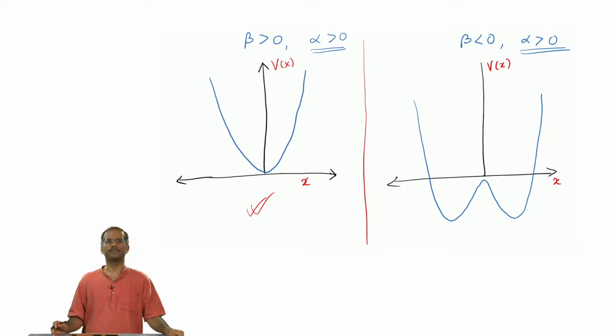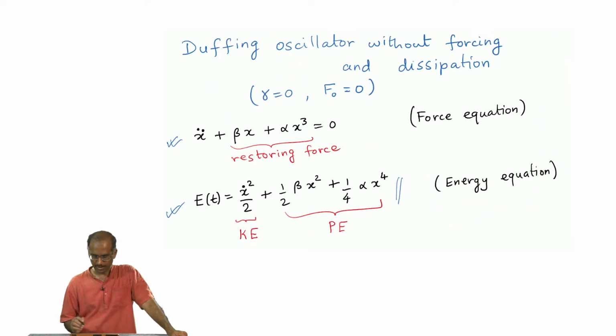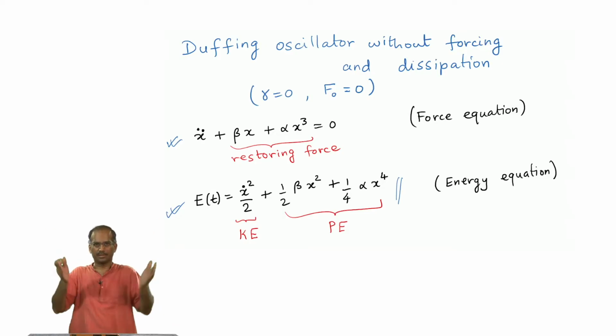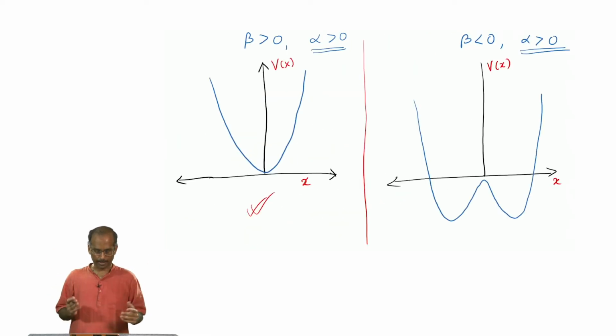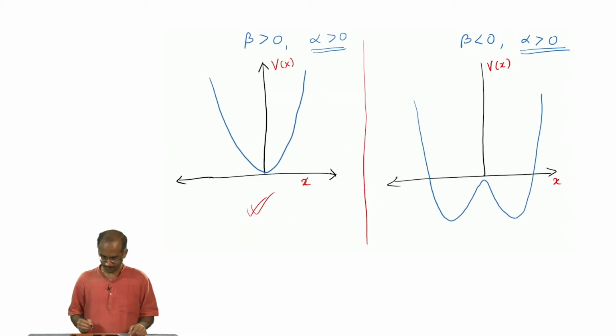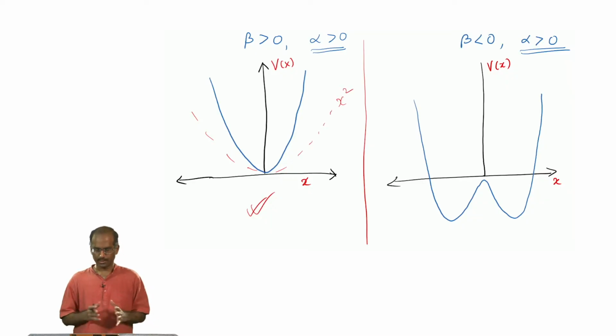Potential is again indicated by V as a function of x, and as you can see both the terms will be positive, beta and alpha if they are positive. So, it is just going to be a curve that rises faster than the standard parabolic curve. So, in other words, I can even try and plot x square. So, this is the one that corresponds to x square term, and our potential, which is shown in blue, will rise much faster than that.